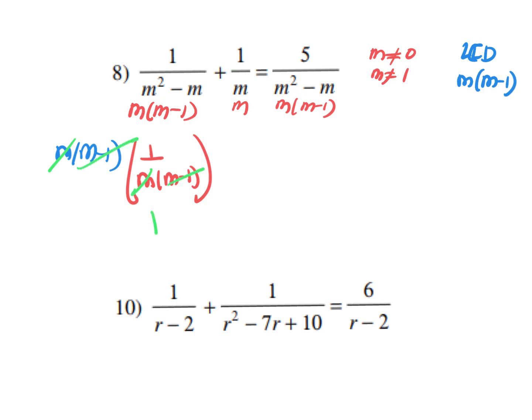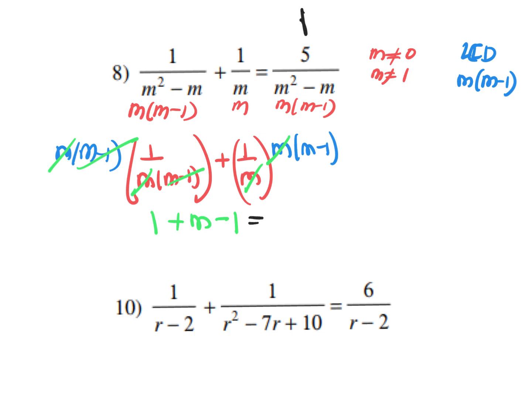That is going to leave me with a 1 right there. I'm then going to take my second fraction and multiply it by my lowest common denominator. The m here will cancel out with this one, and then that is going to leave me a plus m minus 1. And then I'm going to have my equal sign.